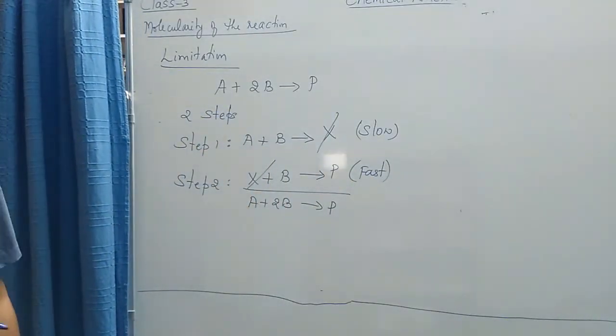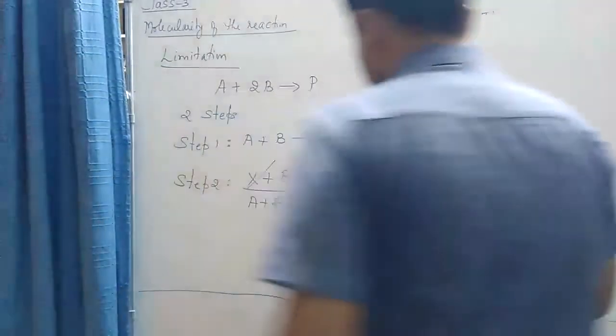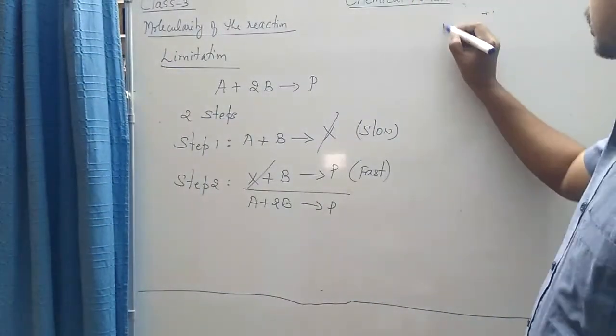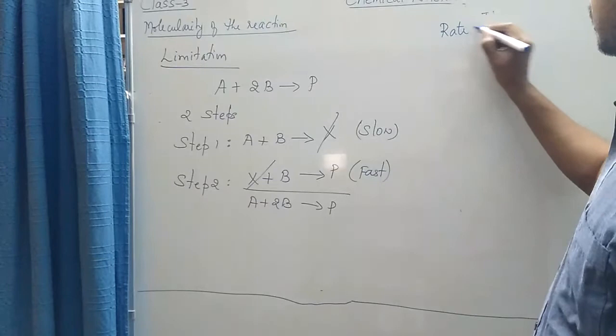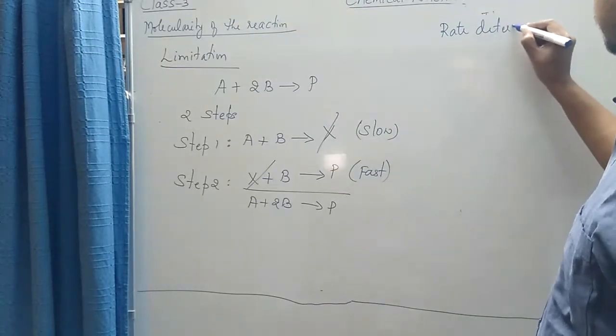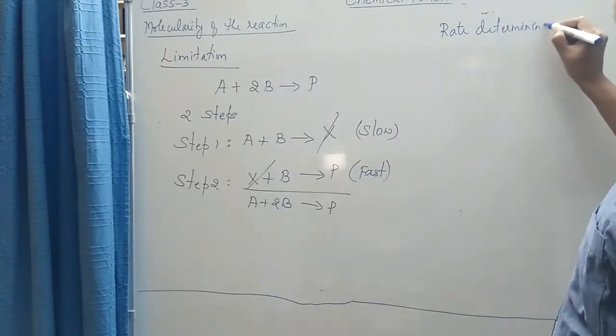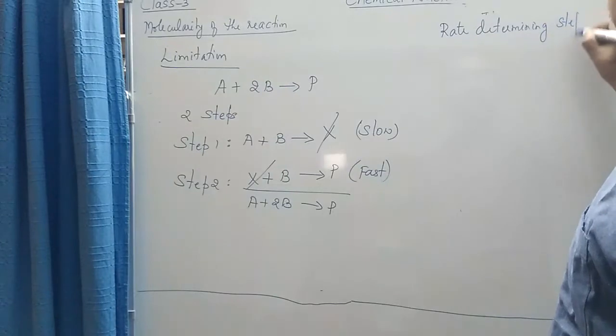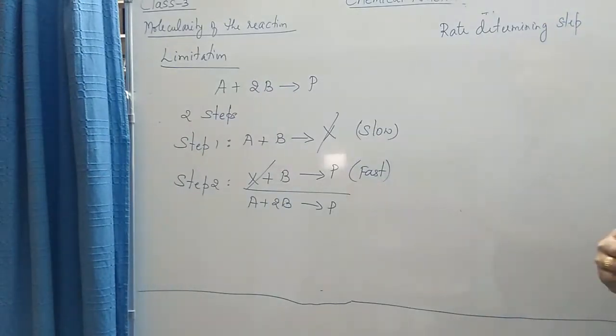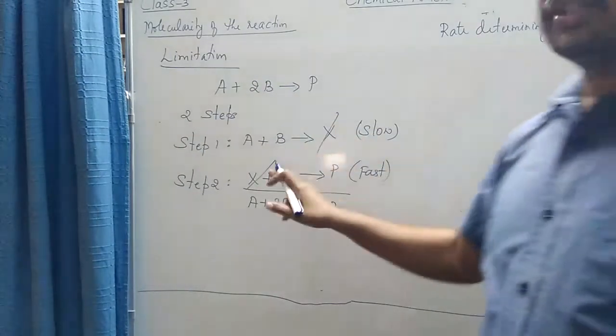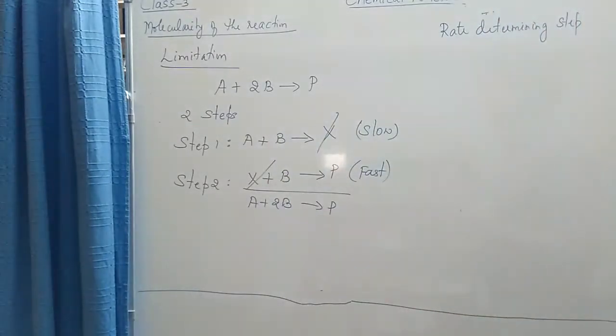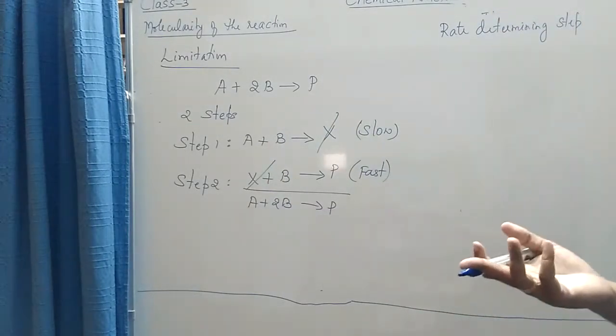So the question arises here, which is therefore the rate determining step? Which out of these two is the rate determining step? What do you mean by rate determining step?